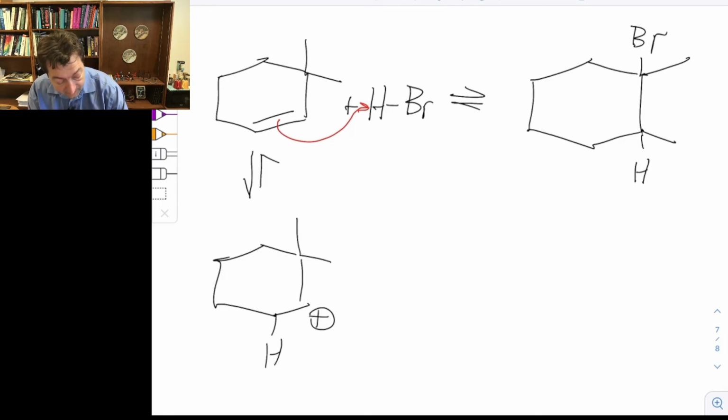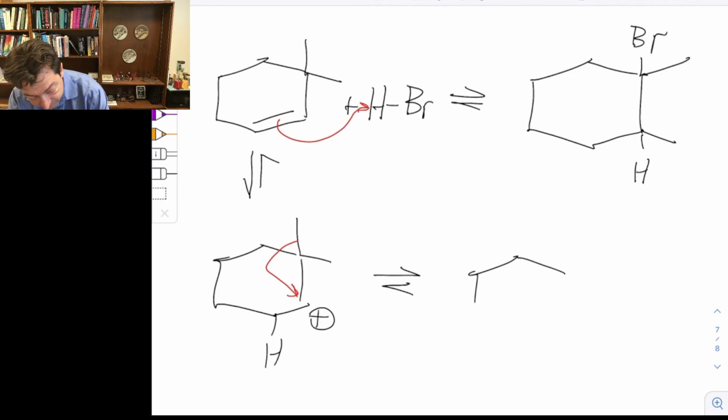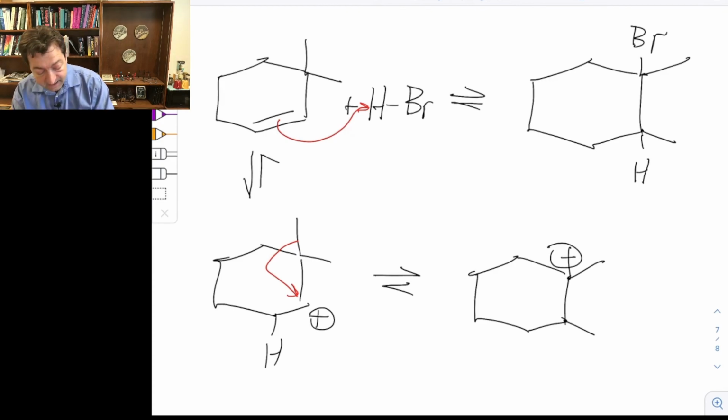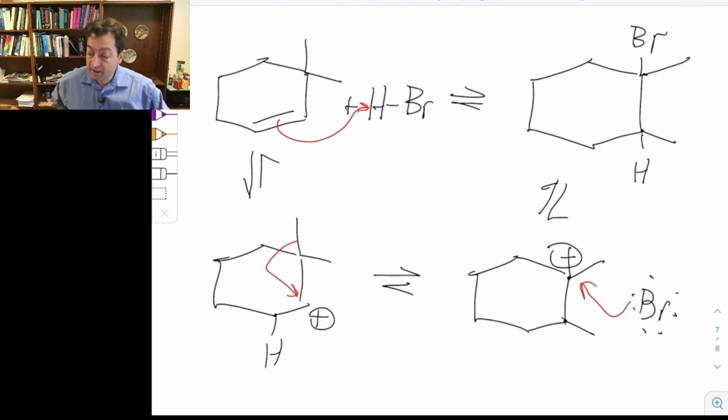But of course we recognize, just as we did with the unimolecular mechanisms in Chapter 7, we get a 1,2 methyl group shift to generate a carbocation at that position, which can in turn be attacked by the nucleophile. And these are steps I think that are hopefully getting a bit more familiar to us now. It gets attacked by a nucleophile to satisfy that positive charge, leading to that observed tertiary alkyl halide product.